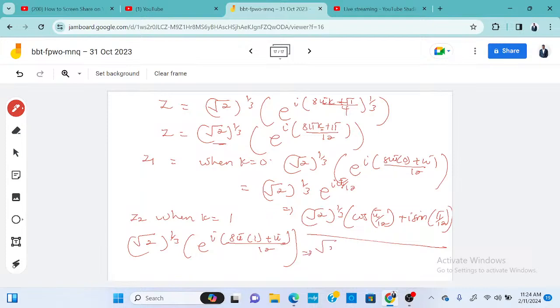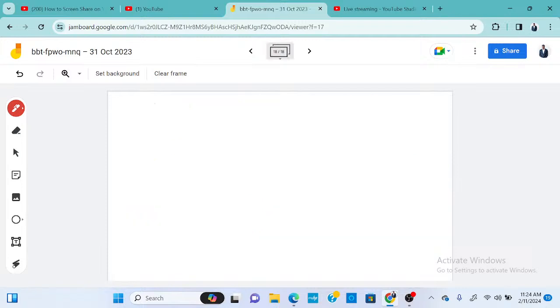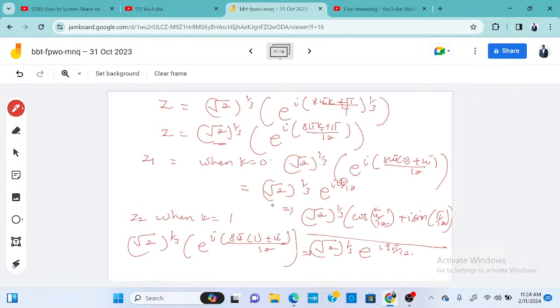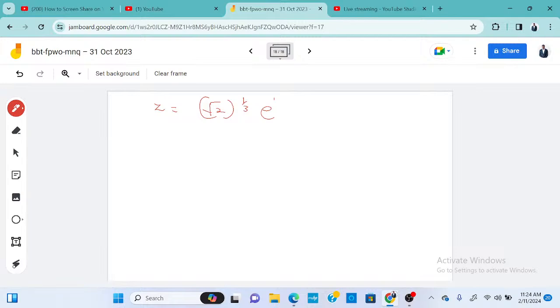So I simply express my Z2 to be equal to square root of 2 all to the power 1 out of 3, e to the power i 9 pi on 12. So this amounts to square root of 2 all to the power 1 out of 3, cosine of the expression 9 pi on 12, plus i sine of the expression 9 pi on 12, giving us the second root.